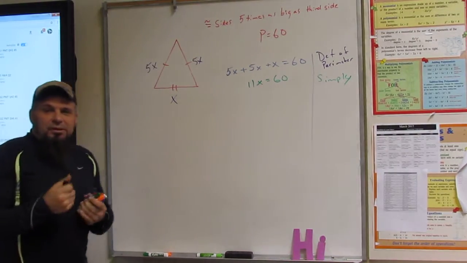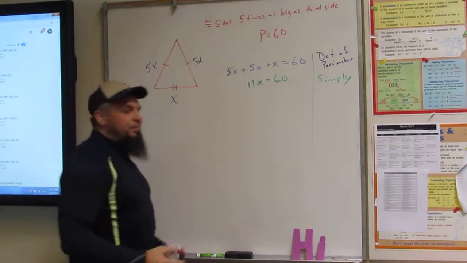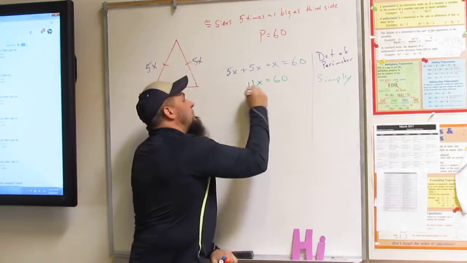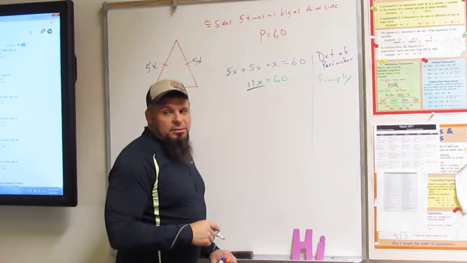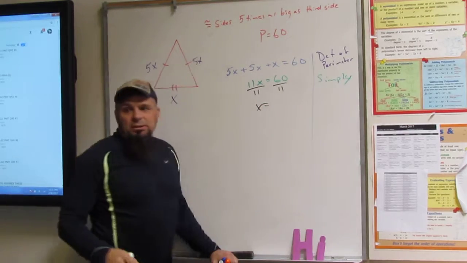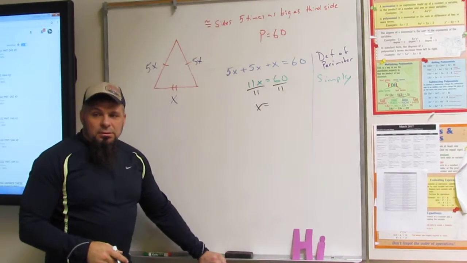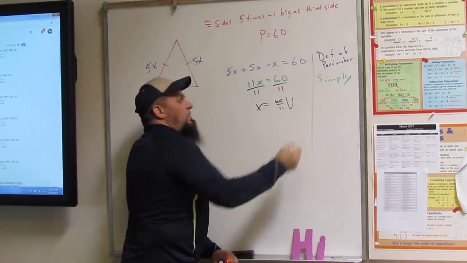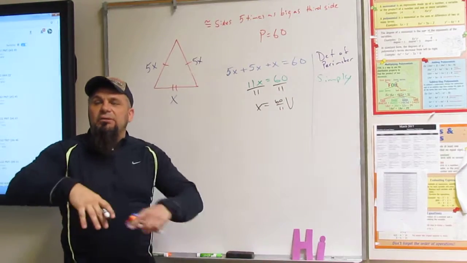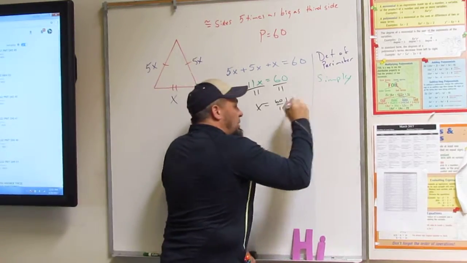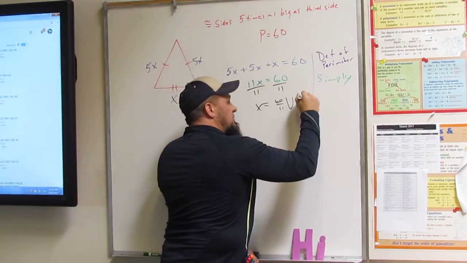And then what are we doing? Divide. Boom. So x equals 60 over 11. Or 11 goes into 55 5 times, with 5 left over.